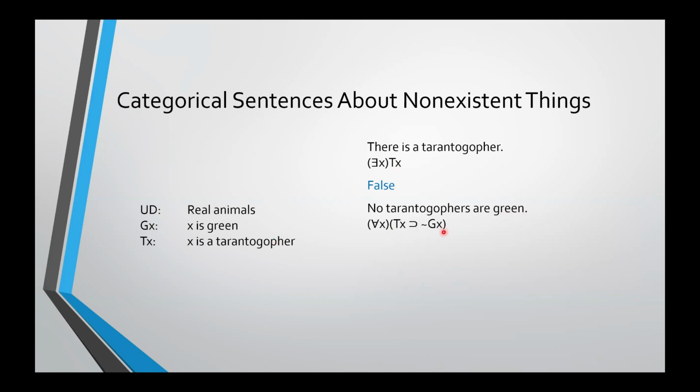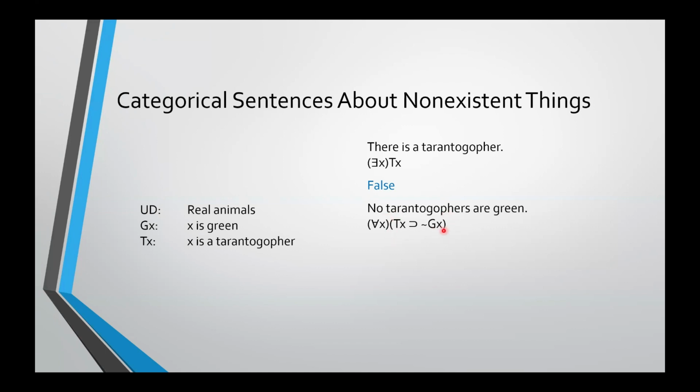This is how you would symbolize that E sentence. Then you look at the set of real animals and whether this formula is satisfied by each one. Because Tarantagophers aren't real, for each member of the universe of discourse, for each animal, it's not a Tarantagopher, which means that the antecedent of this conditional is false, which means that the conditional as a whole is true.